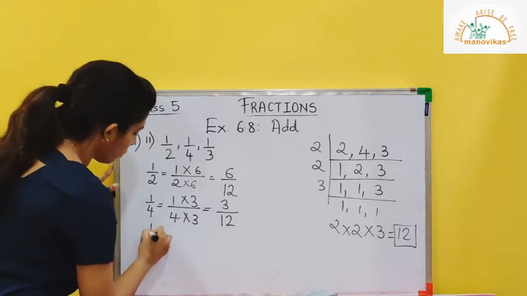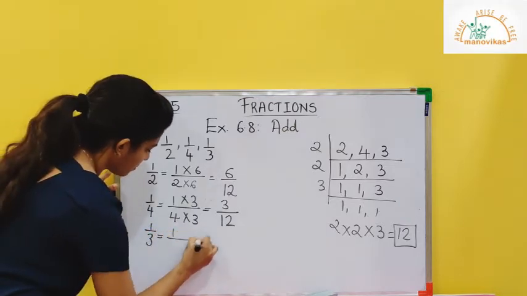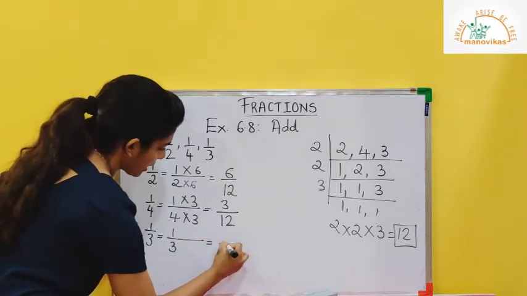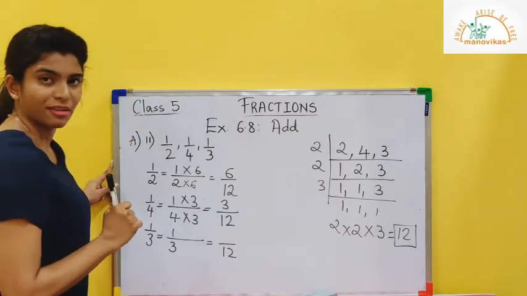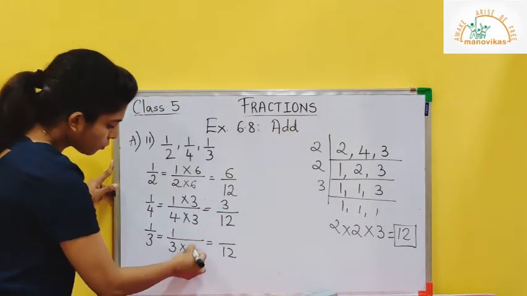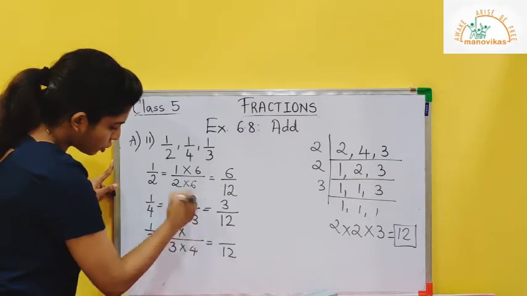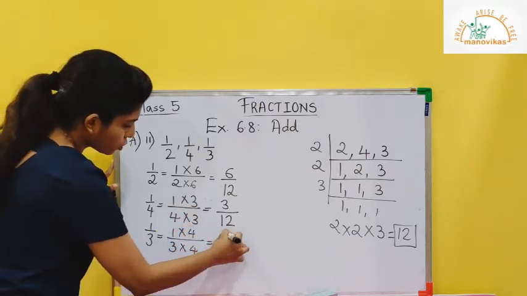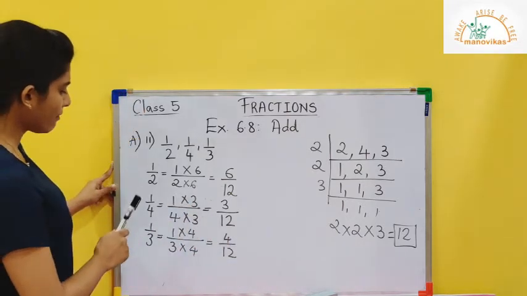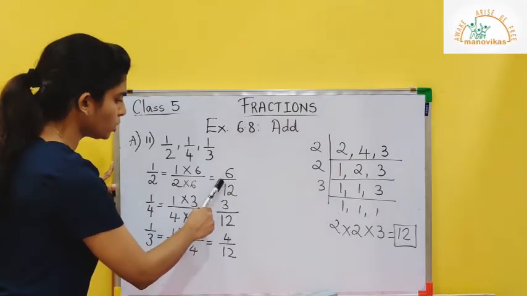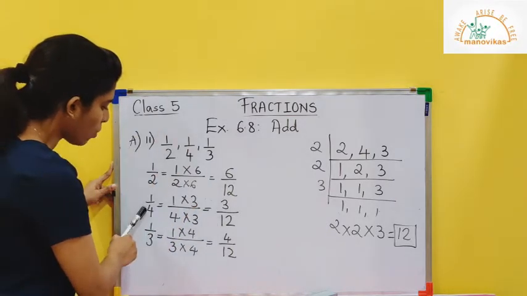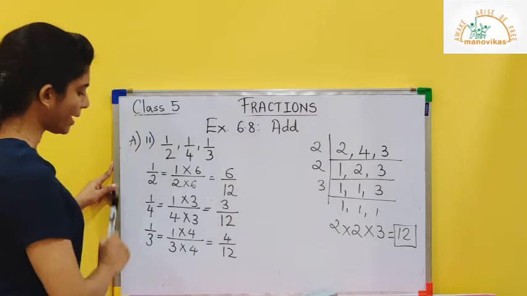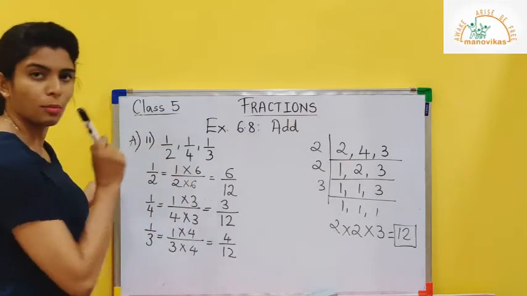Now I bring 1 upon 3 down. So again the denominator should be 12. So 3 into 4 is 12, multiplied by the numerator also, 1 into 4. So 4 upon 12. Now what have I done? I have changed 1 upon 2 into 6 upon 12, 1 upon 4 into 3 upon 12, 1 upon 3 into 4 upon 12.